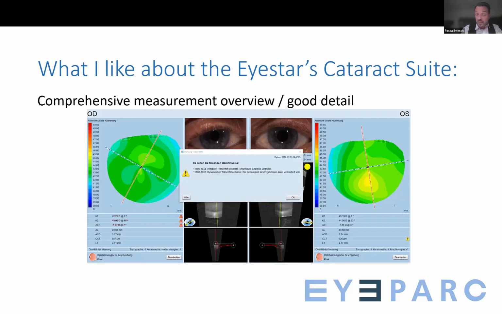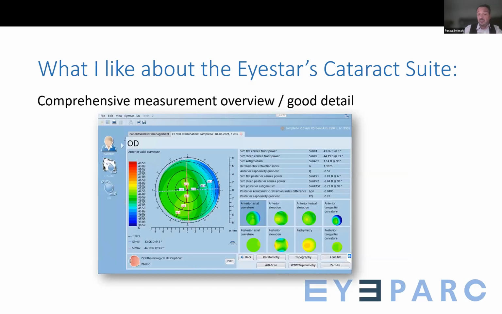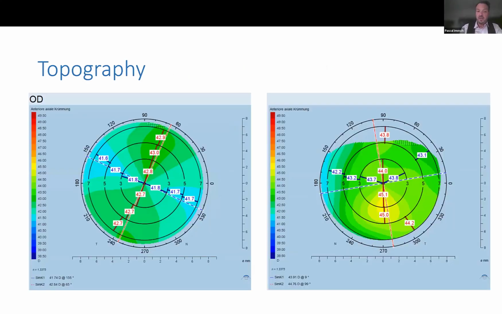Then you have the topography screen, where you see even in 3, 5, and 7 millimeters where the astigmatic axis actually is, which is a big help, especially for toric lenses. Until now, we only had the K readings. Of course, we had a topography additionally, a simple Placido ring topography.